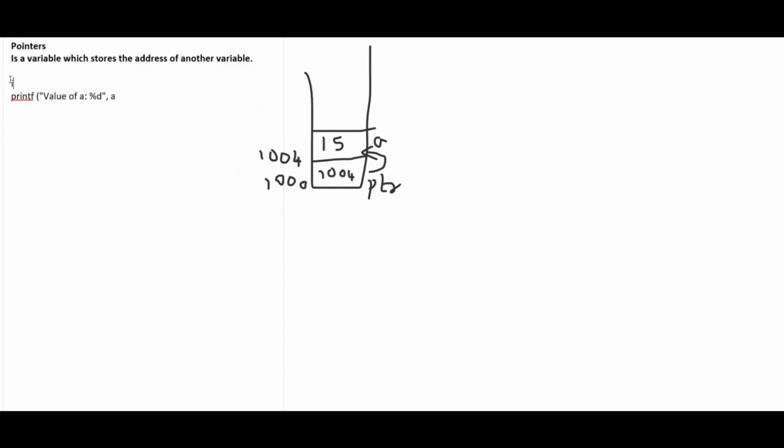Let me have the variables int a comma star ptr, ptr is equal to address of a, and a equals 15. This is what we have written. Now I want to display the value of a. I can write it like this, not an issue at all, or I can still write like this.